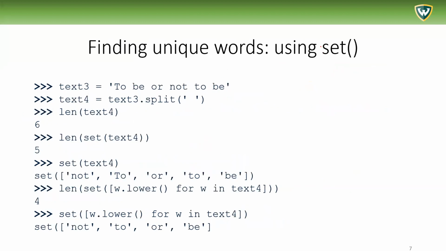Finding unique words using the set function. Suppose you have this piece of string, "To be or not to be", put in the text3 variable, then you split that variable on the space. You can already calculate yourself, you're going to have 1, 2, 3, 4, 5, 6 tokens.